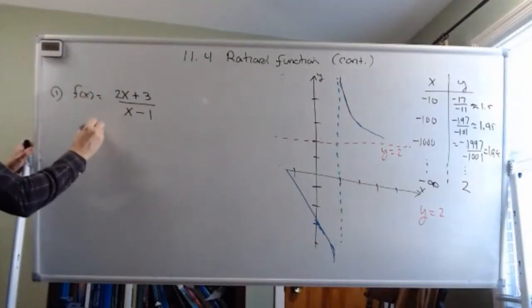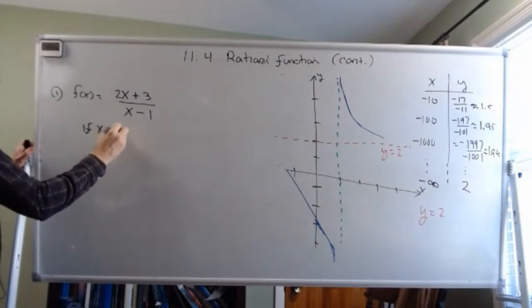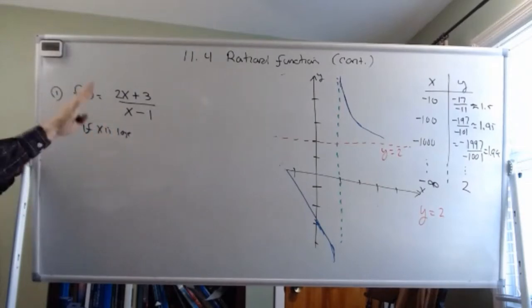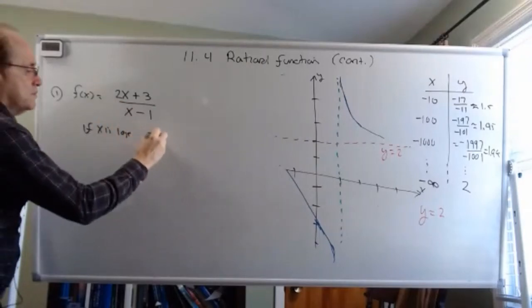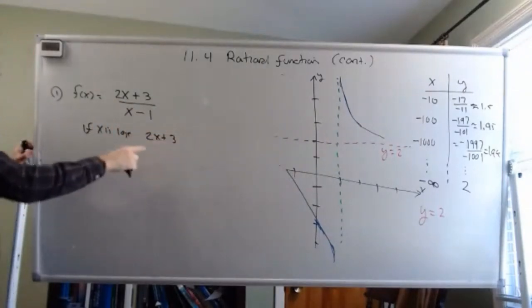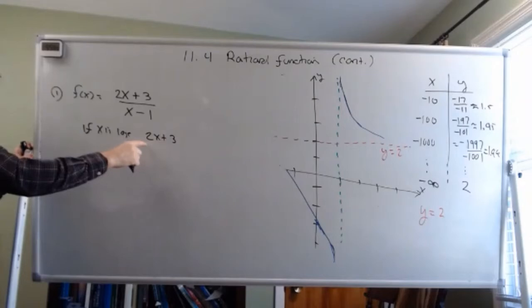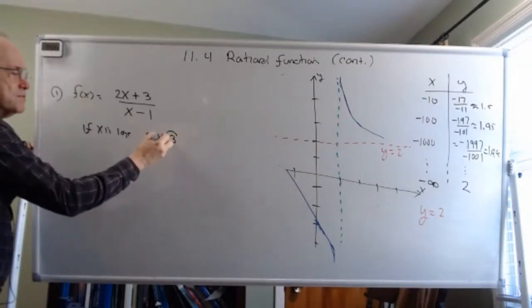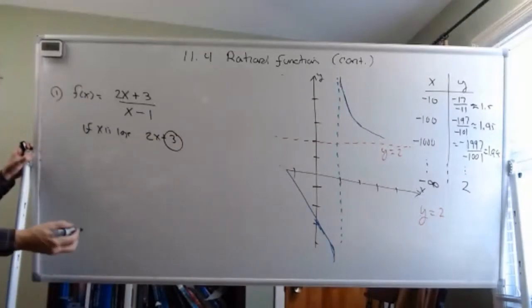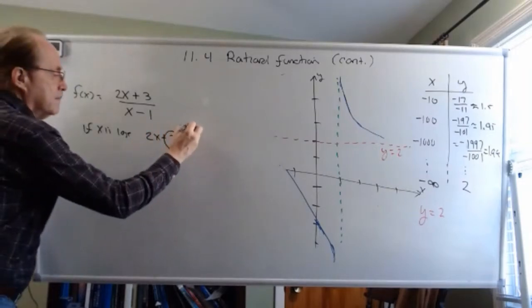If x is large, and it doesn't matter if positive or negative, I'll just take it being a large positive value. Well, what about 2x plus 3? If x is 1,000,000, this is 2,000,000 plus 3. If x is large, you can pretty much ignore that number. 2,000,000 or 2,000,003, not a lot of difference. So you can ignore that.